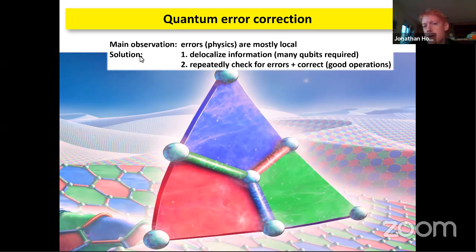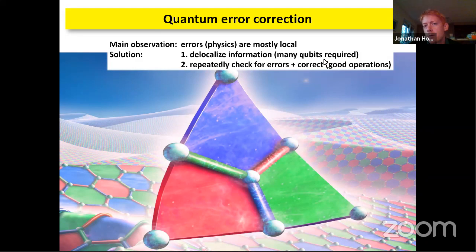So the counter to that is to take the information that you'd like to protect against this noise and store it in a non-local state, so highly entangled states across many particles. If you do that over really many particles, then you need many physical systems for every quantum bit of logical information you'd like to store.